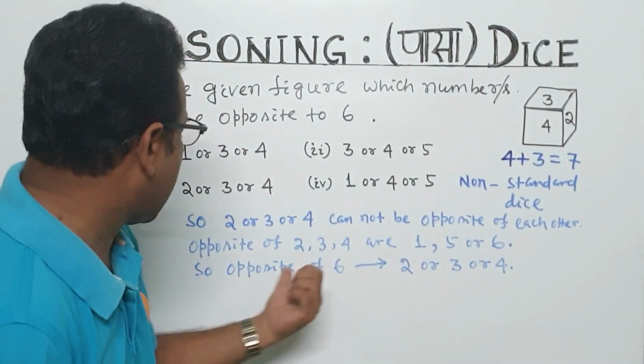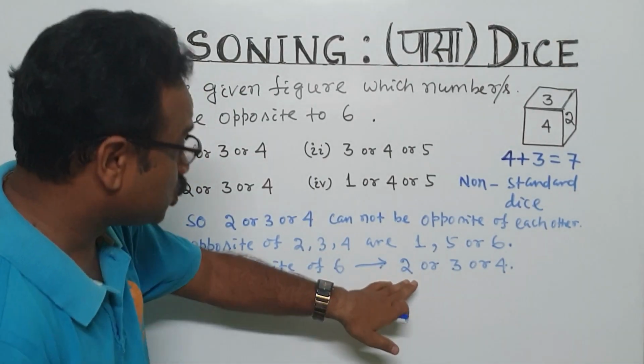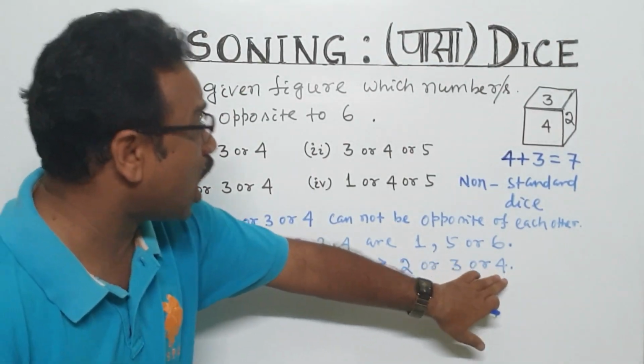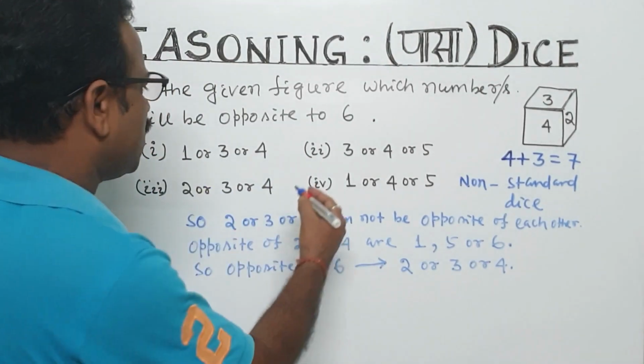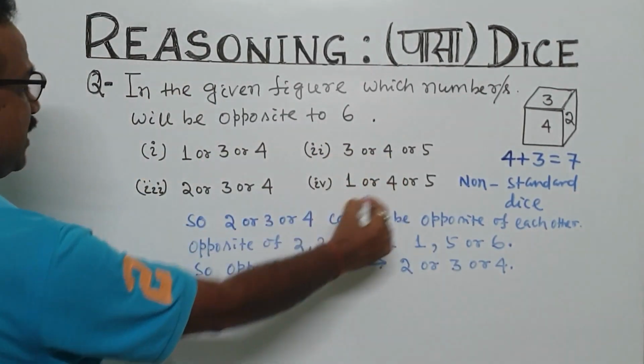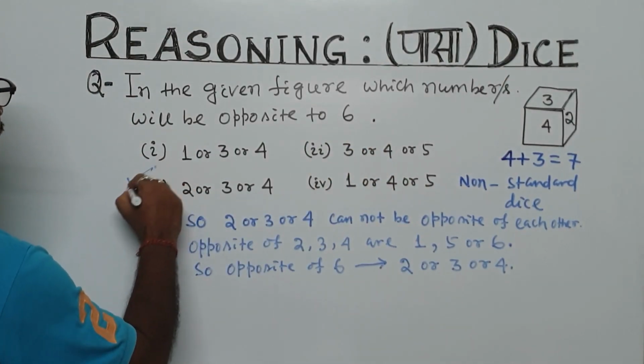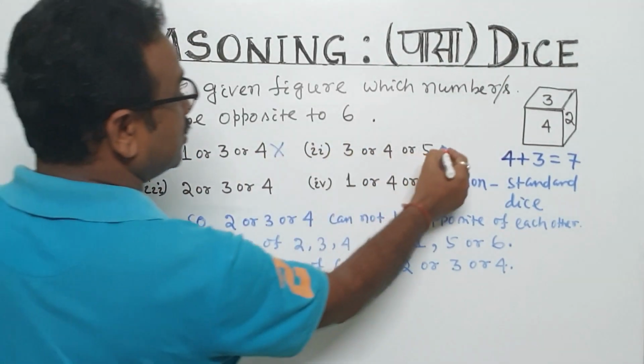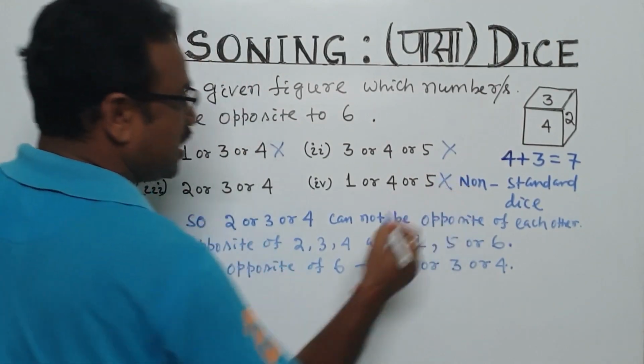So the opposite face of 6 may be 2, 3 or 4. So our correct option is 2, 3 or 4. This is our correct option, this is wrong, and this is wrong.